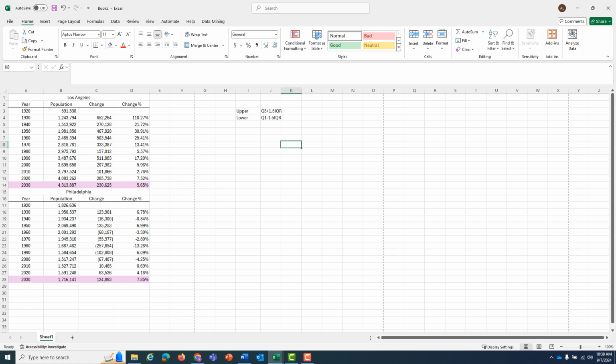So I'm going to need to figure this out, Q3, Q1, and my interquartile range. And I figure while I'm at it, why not just grab the median as well? So what are the data points that I want right here for LA?